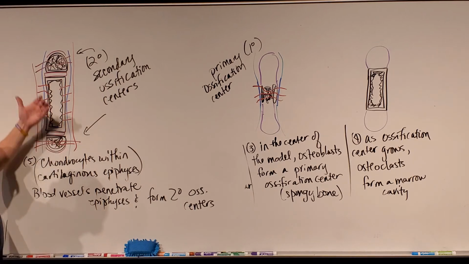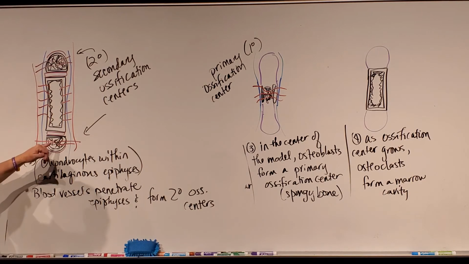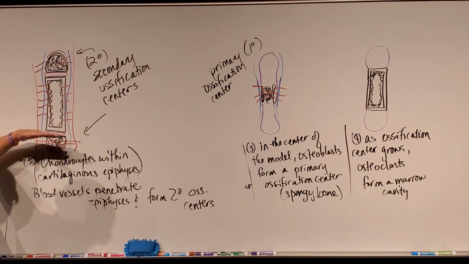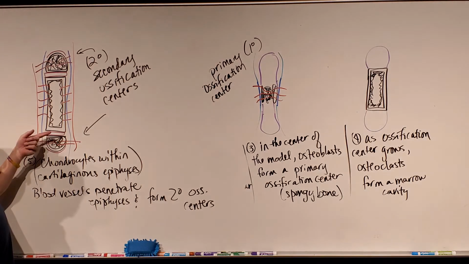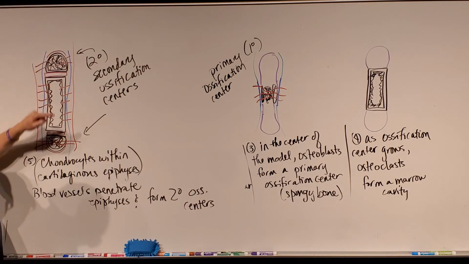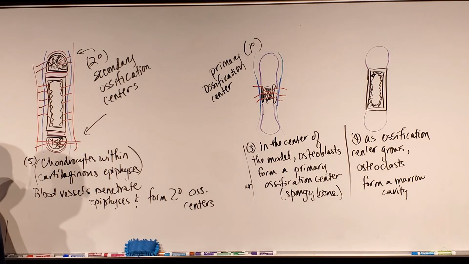And this looks like the drawing of the long bone that we did in one of the first lectures. Spongy bone in the epiphyses with a thin shell of compact bone. The growth plates, or epiphyseal plates, or metaphysis is hyaline cartilage. We have some articular cartilage on the edge. And then we have our diaphysis with the marrow cavity.